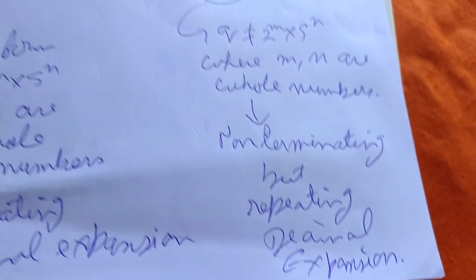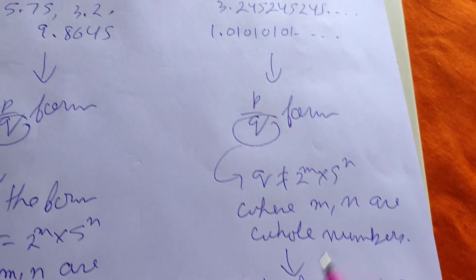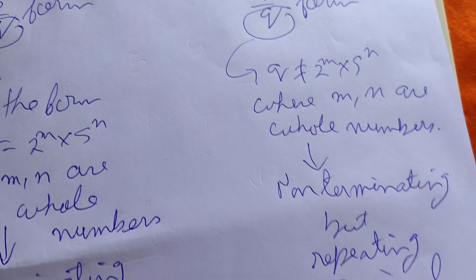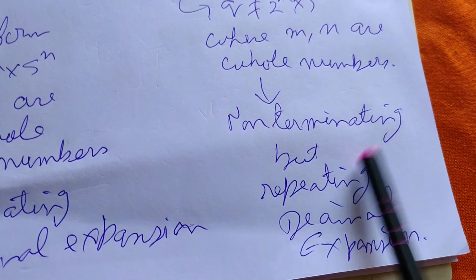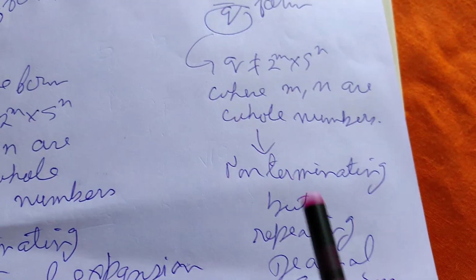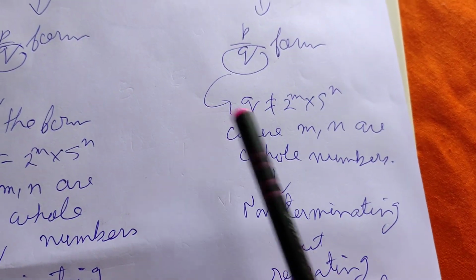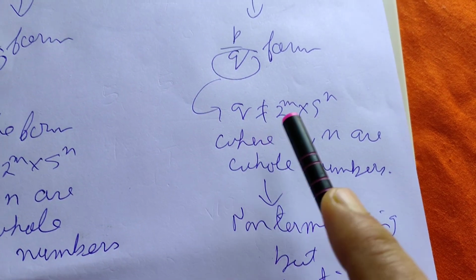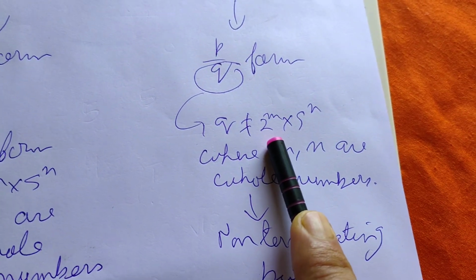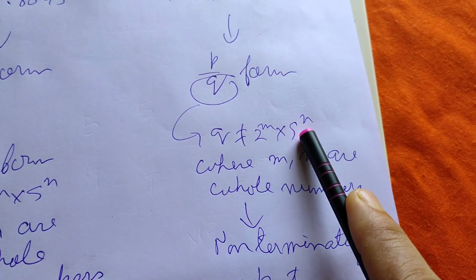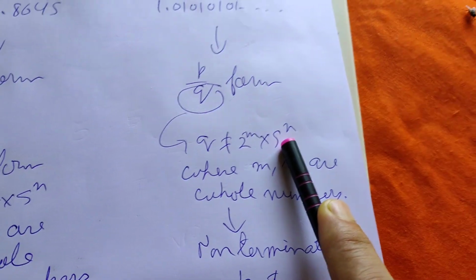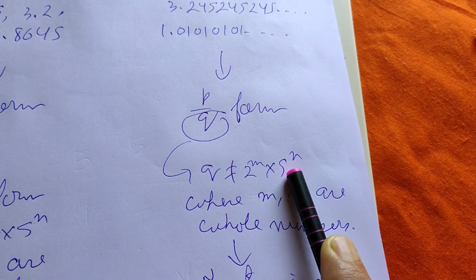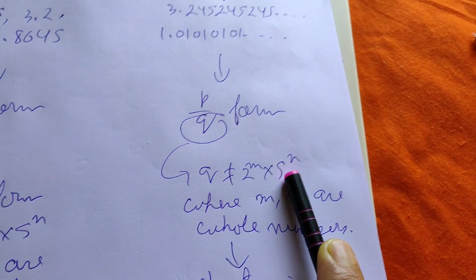So what is the meaning of this one? In non-terminating but repeating decimal expansion, the denominator q can have the prime number 2 and the prime number 5 as its prime factors, but definitely there will be some other prime number other than 2 and 5 also.